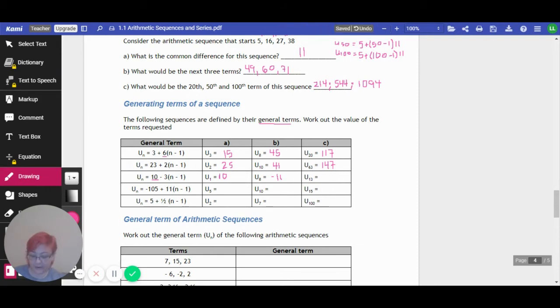Next, we have the 13th. 10 minus 3 times 13 minus 1 is negative 26. Here, we have negative 105 plus 11 times n minus 1. The fifth term, negative 105 plus 11 times 5 minus 1 is negative 61.